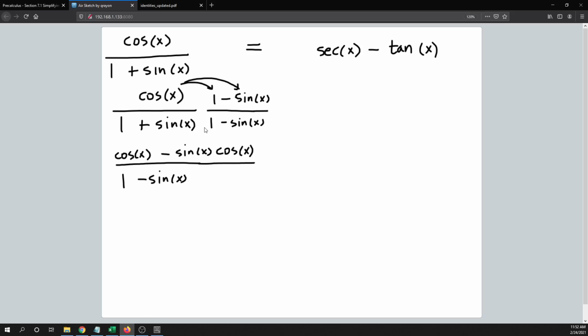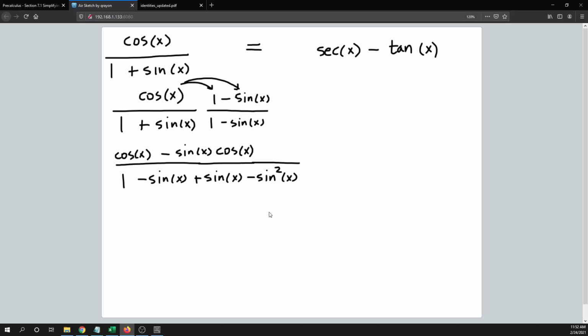Inner, sine x times 1 is sine x. And last times last, sine x times minus sine x is minus sine squared x.